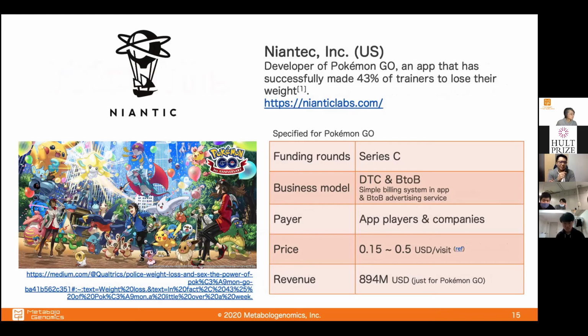This application, of course, was not originally developed for obesity, but as a result, they managed to get people to lose weight. And the important point is that Pokemon Go's business model is very clever.